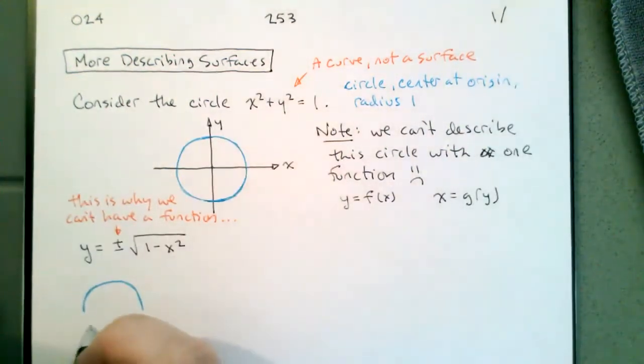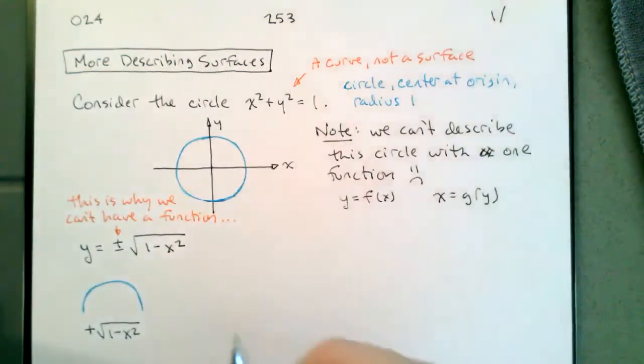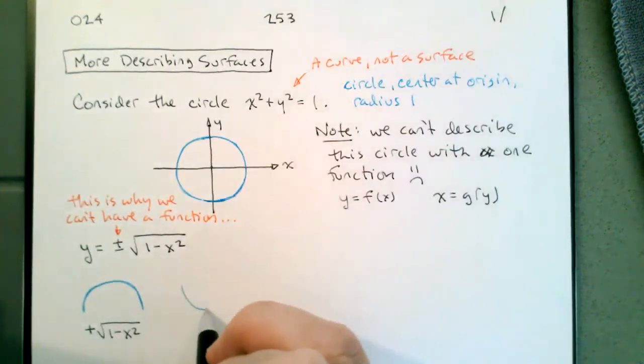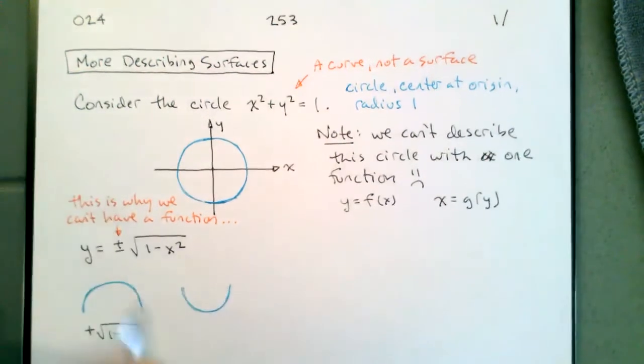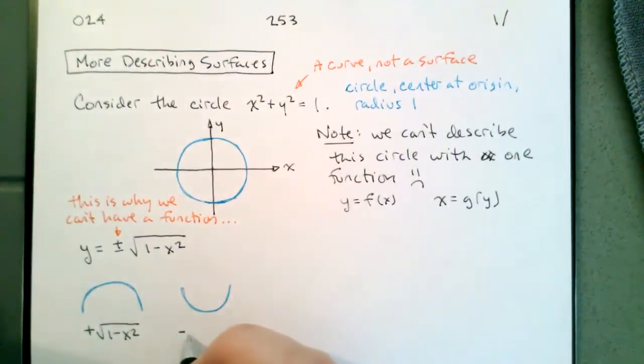And then the bottom half of the circle is the minus square root of 1 minus x squared.